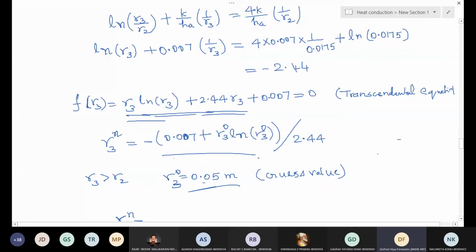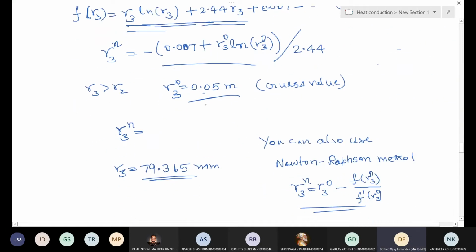If you know how to program your calculator, instead of using the equation solver directly, you can also program it. Just write this right hand side and use it as the answer or some other variable, give that variable a name, and keep on calculating. Anyway, your calculator will also use only the iterative method.